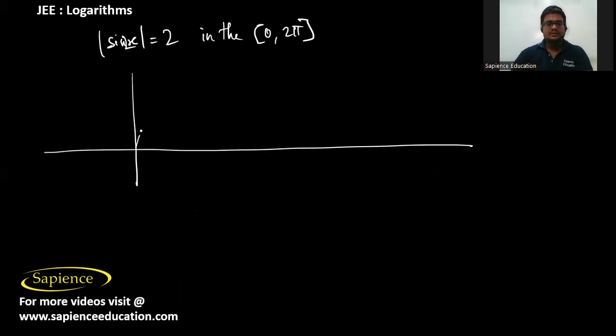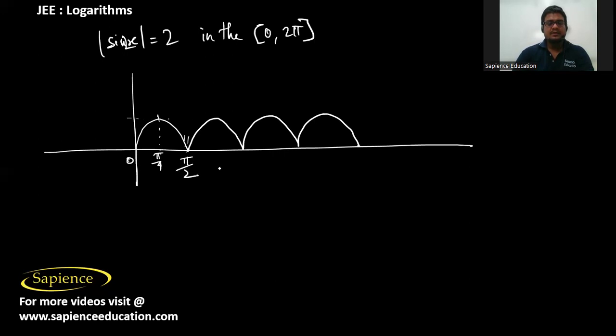Now the mod sin 2x graph is like this only. So 0, and this will be pi by 4. At x equal to pi by 4, it will be sin pi by 2, that will be equal to 1.